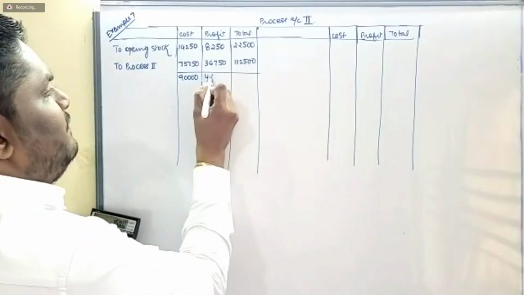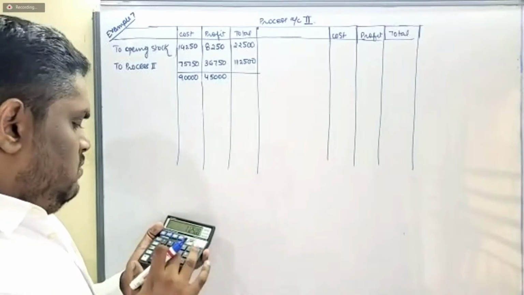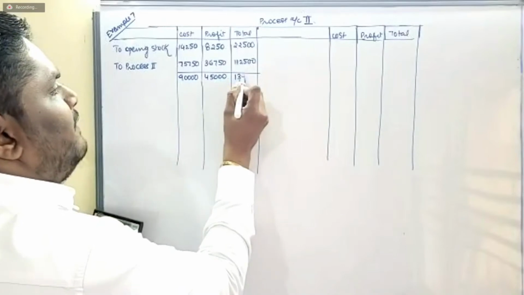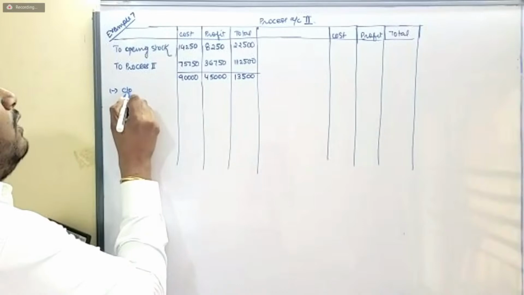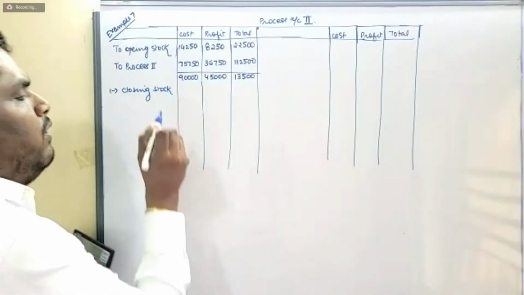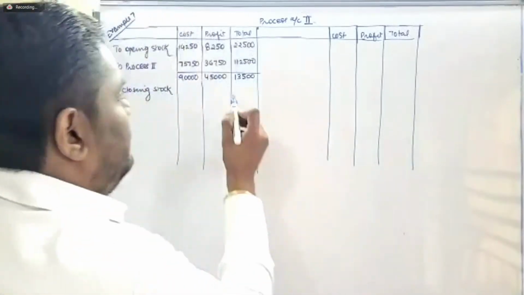This is 45,000. So this is 1,35,000. We will subtract the closing stock. The total value of closing stock is 11,250.